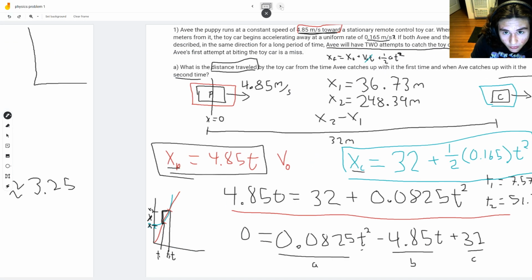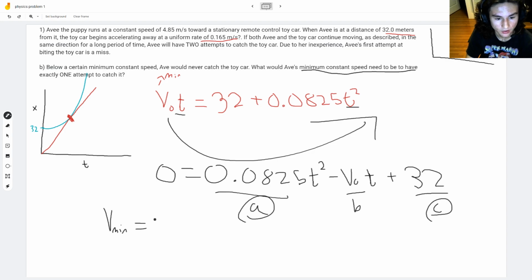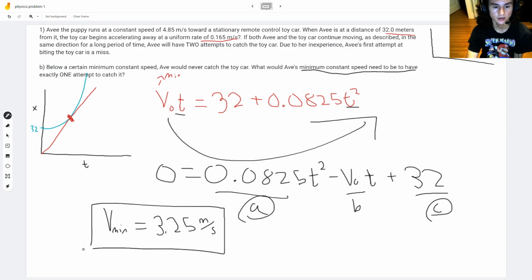Given it's a velocity, we're going to be traveling a distance in a time, so we're going to have meters per second. 3.25 is an approximation. If you want to add the actual value, you can also say the square root of 10.56 meters per second. So those are our two values.